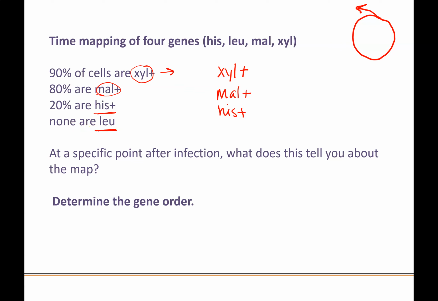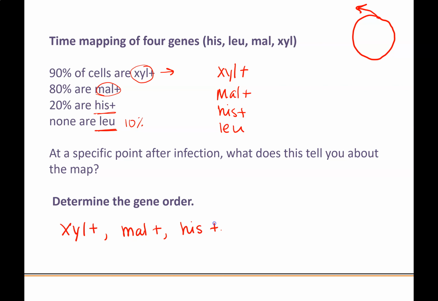But if we let it run a little bit longer, let's say now 100% have the XYL, 90% have the MAL gene, 30% have the His gene, and now 10% have the LU gene. We know that one is next. So at a specific point of interruption, you can determine which cells have what genes, and therefore determine the order.